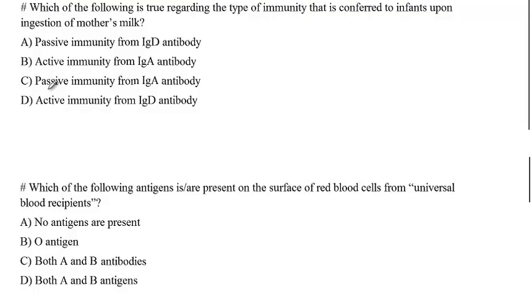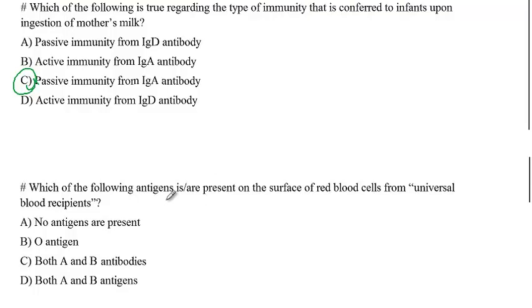Like for instance, if we have the horse produce antibody against tetanus, and someone who has tetanus, we inject them with this antibody, it's called a passive immunity. Same goes with infants that drink their mother's milk. The mother's milk contains antibodies that help the infant fight infections. So this is an example of passive immunity from IgA antibody that is present in milk.